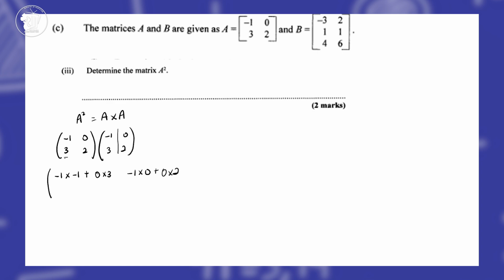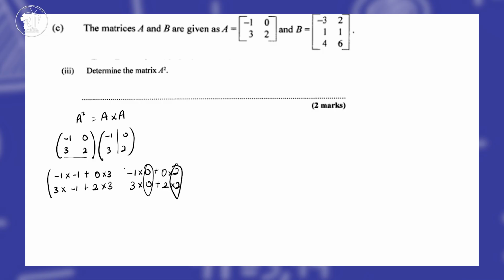And then we move on to the other row times the same set of columns. So this will be 3 multiplied by negative 1 plus 2 multiplied by 3. And then we have 3 multiplied by 0 plus 2 multiplied by 2.